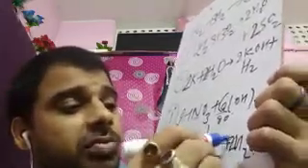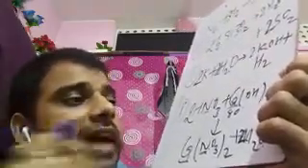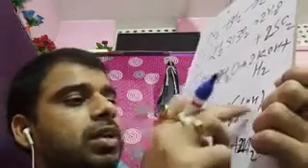Now check for the oxygen: 2 times 3 is 6 and 2 is 8, so 8 oxygen on the reactant side, and here 3 times 2 is 6 and 1 oxygen. So multiply it with 2, and 8 oxygen is okay. Now check for the hydrogen: 2 hydrogen to 4 hydrogen, and 2 times 2 is 4 hydrogen. It is very easy, now you can do that one easily.